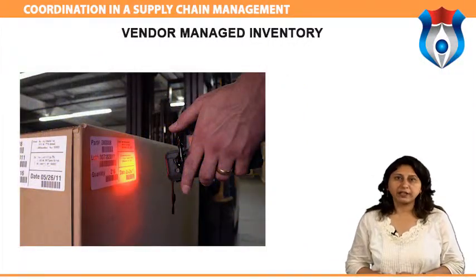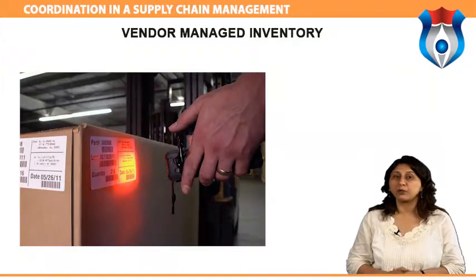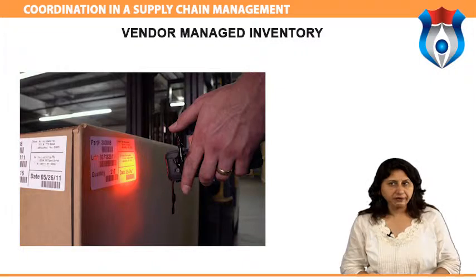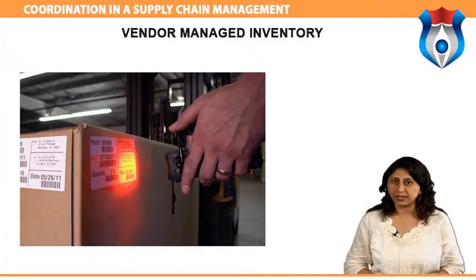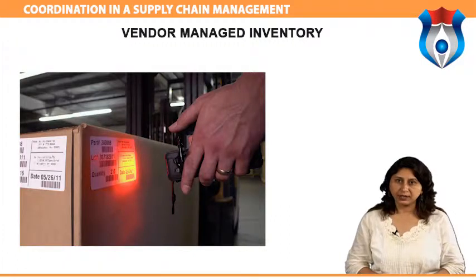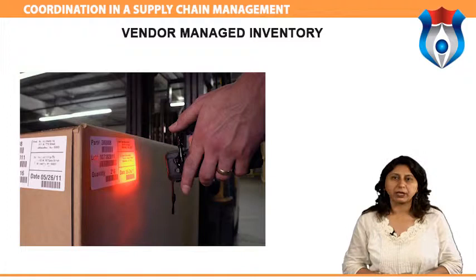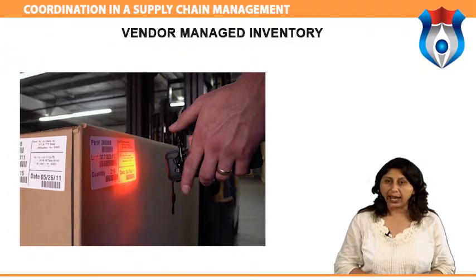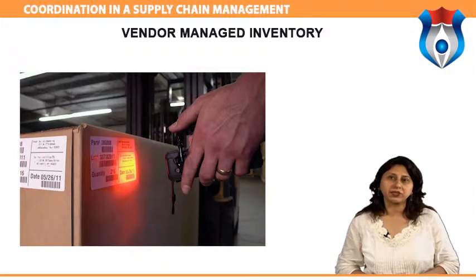Vendor managed inventory simply means the vendor manages the inventory of the distributor. The manufacturer receives electronic messages, usually via EDI, from the distributor. These messages tell the manufacturer various bits of information, such as what the distributor has sold and what they have currently in inventory.